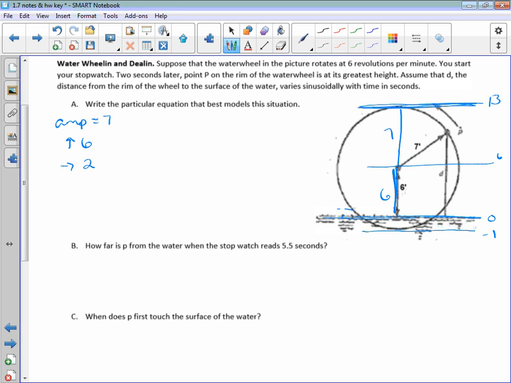Now the period, it said it can do 6 revolutions per minute. So how long does it take to do 1 revolution? Okay, so the period equals 10. So 2 pi over b equals 10. What does that make b? Pi over 5. Good.